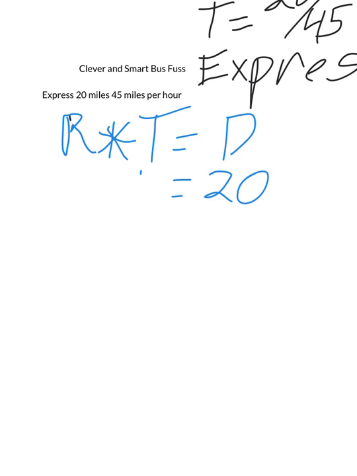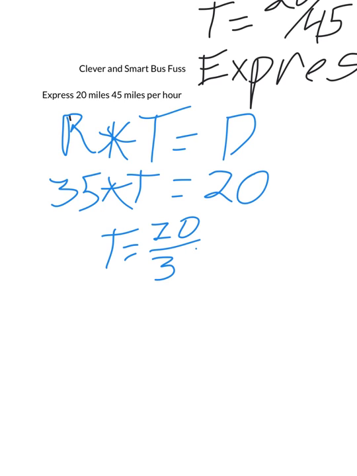We had 35 miles per hour. And when we divide both sides by 35, we say time is equal to 20/35, and that is equal to 4/7 of an hour.